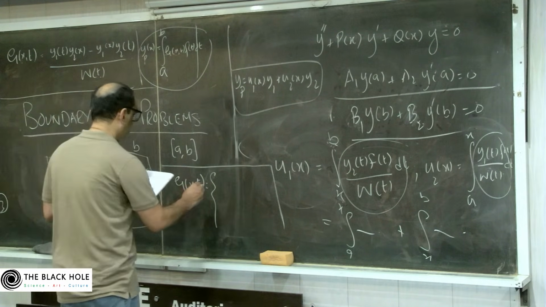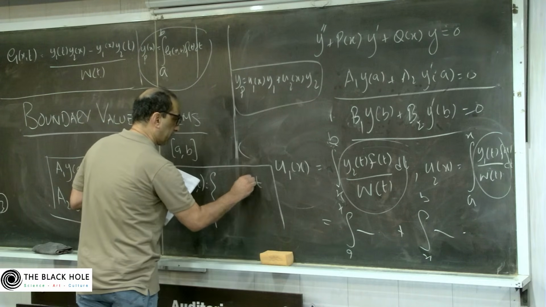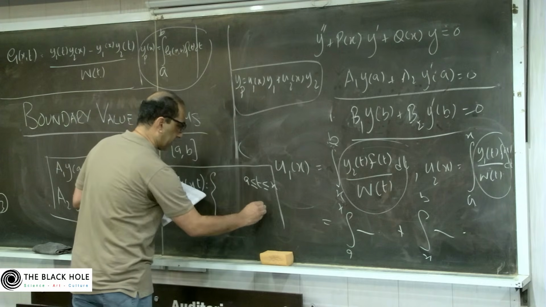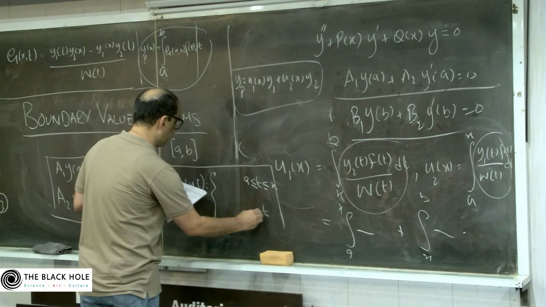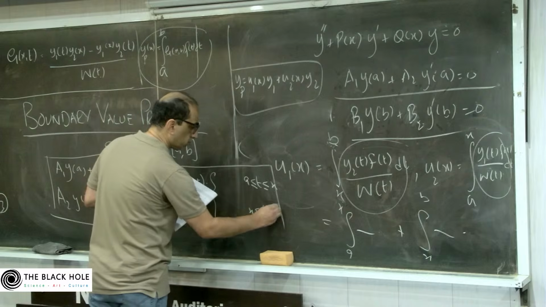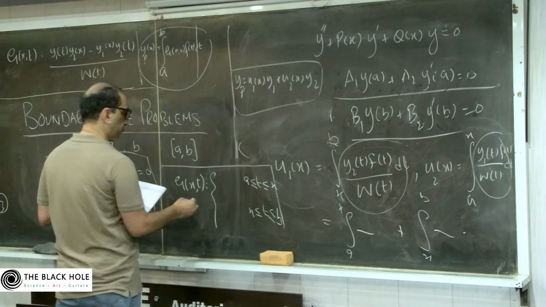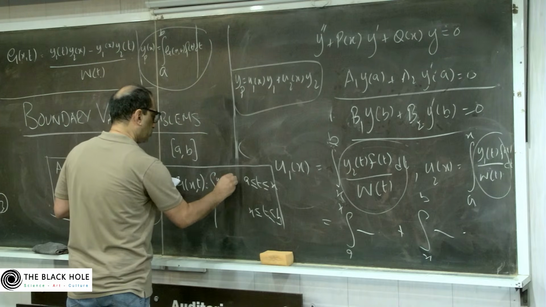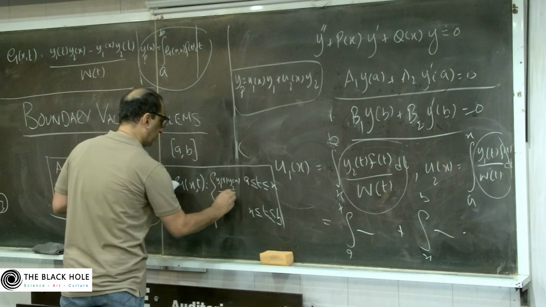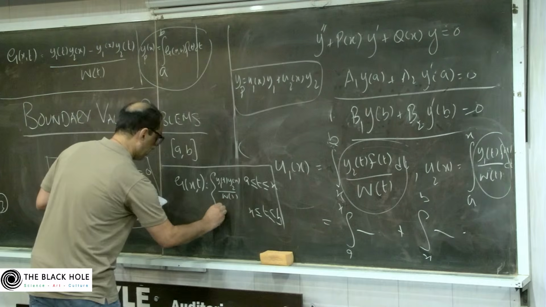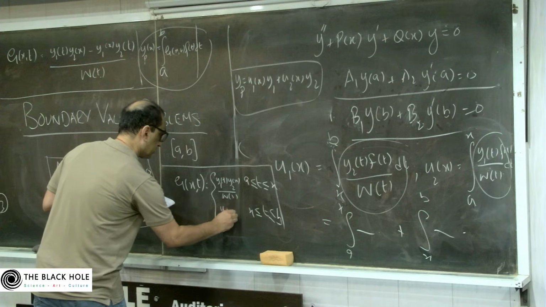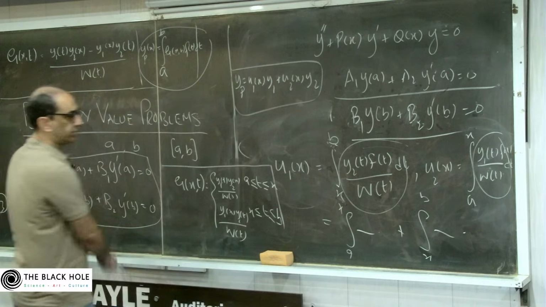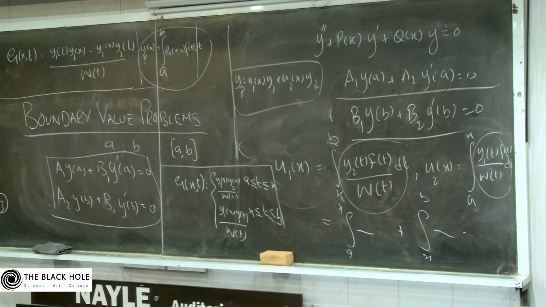So I have t greater than or equal to a and less than or equal to x, and t greater than or equal to x and less than or equal to b. This part will be y1 of t y2 of x divided by w of t, and this part will be y1 of x y2 of t divided by w of t. Okay?